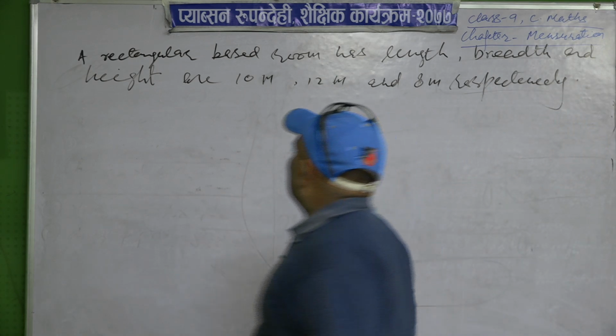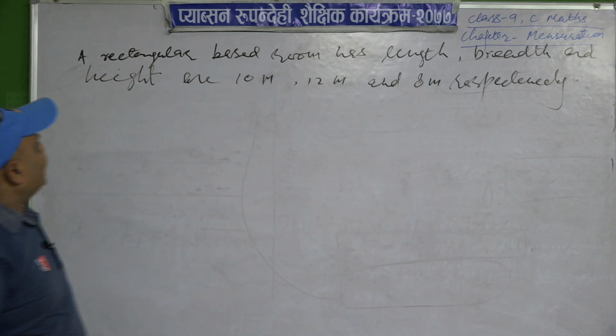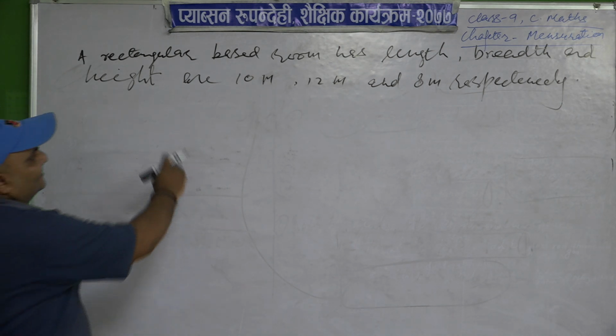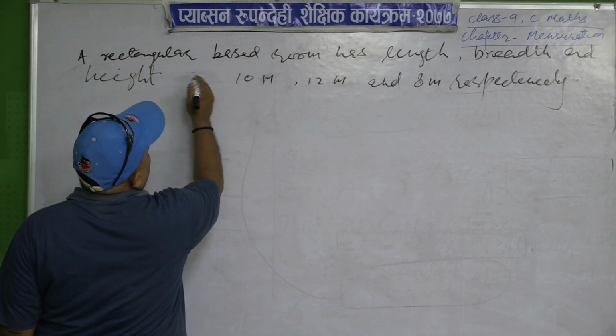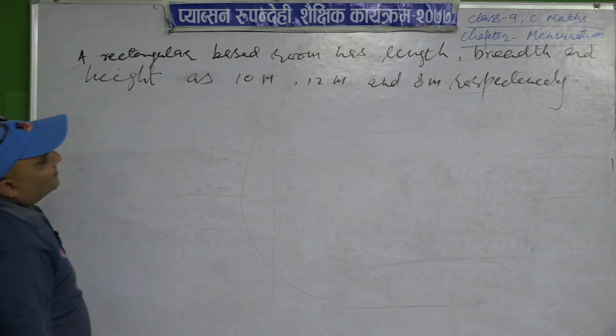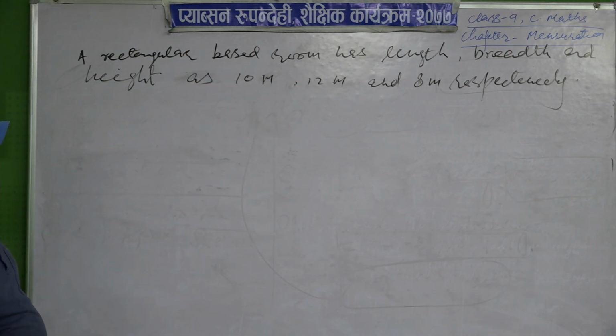A rectangular based room has length, breadth and height as 10 meter, 12 meter and 8 meter respectively.